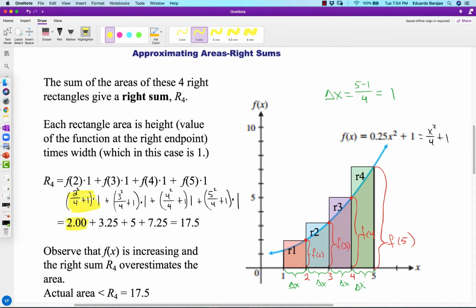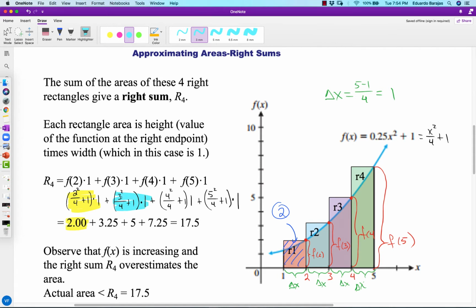So all of this whole thing here simplifies to that, and that represents the area of that very first rectangle, which is this whole area right here. So this represents the value of 2 units. Good. Next, we have f of 3 times 1. We evaluate the 3 with our function, and we get this result.